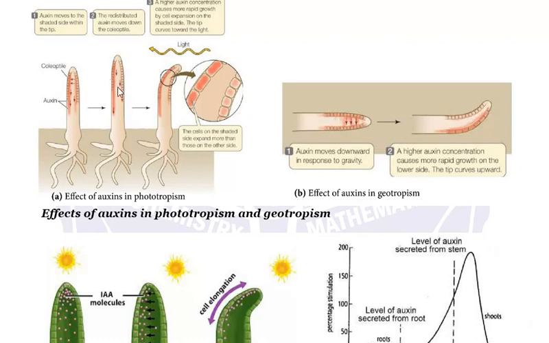So following their distribution downwards in the plant, they stimulate cell elongation, and as you can see the coleoptile becomes longer. So auxin moves downward, and the redistributed auxin moves down the coleoptile.